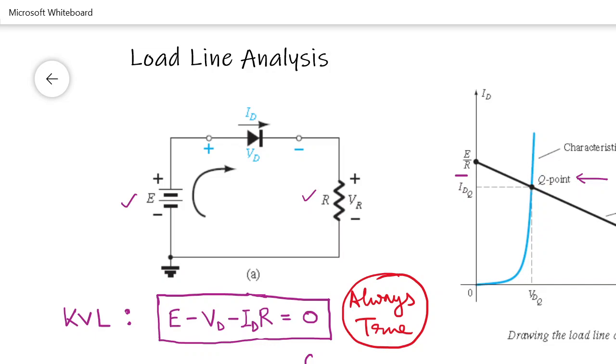It is unable to move away from this point as long as all the other parameters of the circuit are what they are. If the R changes, of course the Q point will change, but for the same R, the same E, and the same diode, the Q point will be this.